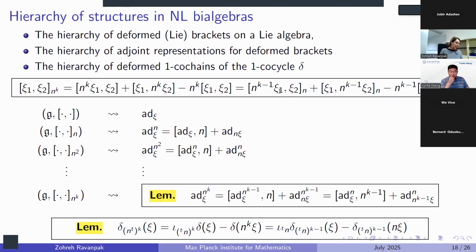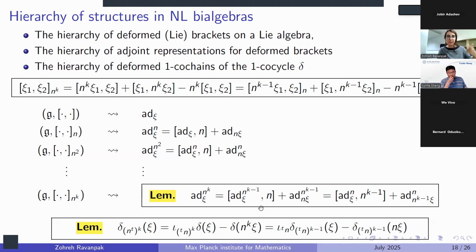The point in our construction is to define hierarchies. We have three. To have a hierarchy of compatible Lie bialgebras, we need to define the hierarchy of structures we are dealing with. First, a hierarchy of Nijenhuis structures, which I've already talked about. Second, a hierarchy of adjoint representations, meaning the adjoint representation at each step can be expressed in terms of the one in the previous step.